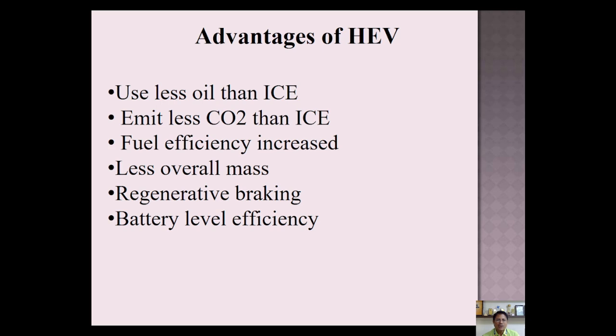There is also less overall mass, because the fuel tank size will be reduced, the battery pack size will be slightly increased, and the IC engine size is minimized. Then we have the very good advantage of regenerative braking. Battery efficiency also improves because the power will be maintained uniformly in the battery.